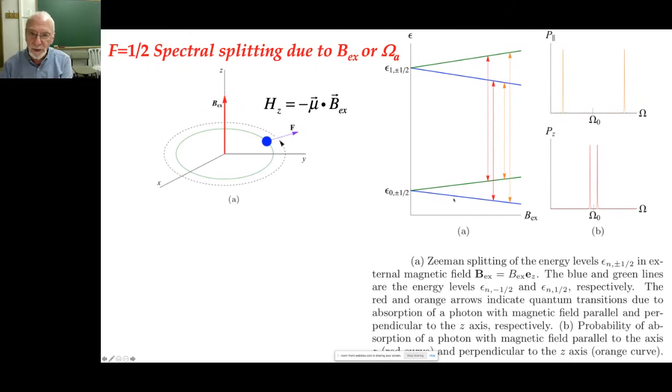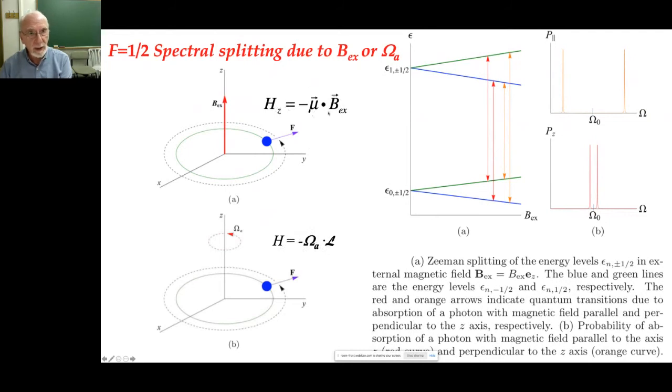And we're going to measure this splitting. The splitting is going to be proportional to the external magnetic field. Or in the case of a rotation of the coordinate system, the splitting will be given not by the Zeeman Hamiltonian as we had for the external magnetic field, but by the coupling of the total angular momentum to the rotation of the coordinate system, which will then give us a splitting proportional to the rotation.